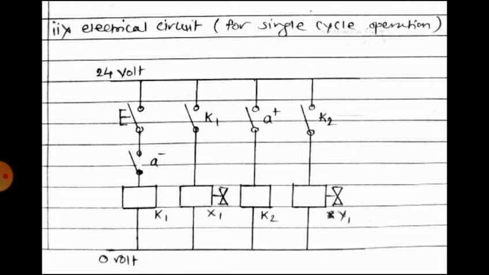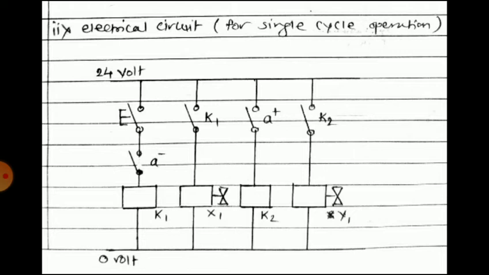So there are push button switches, then the sensors, relay coils, relay switches and solenoids that are connected between the 24 volt supply and the 0 volt. 0 volt means it is ground.